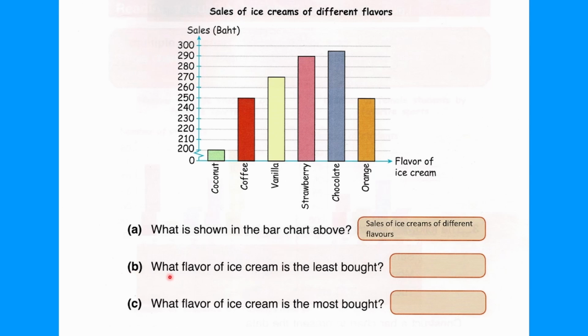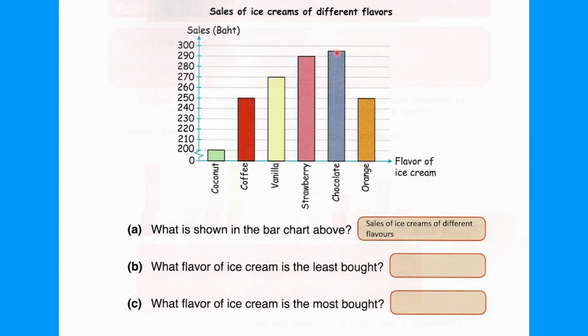B. What flavor of ice cream is the least bought? So least means the less bought, the smallest amount. So if we look on the bar chart, 295, you see this bar is halfway between 290 and 300.